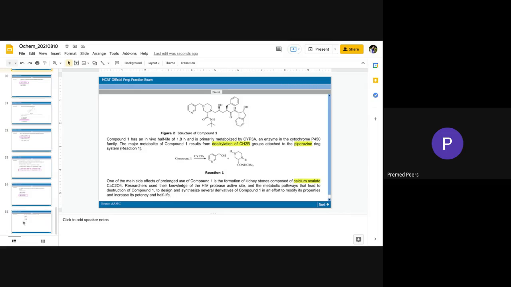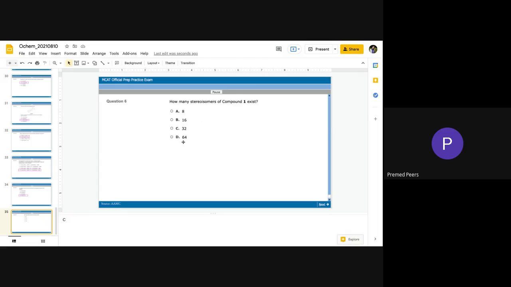So together that is 5. And then to do the math, I don't know if I forgot to mention before, the number of isomers you can form is 2 to the power of n, where n is the number of stereocenters.